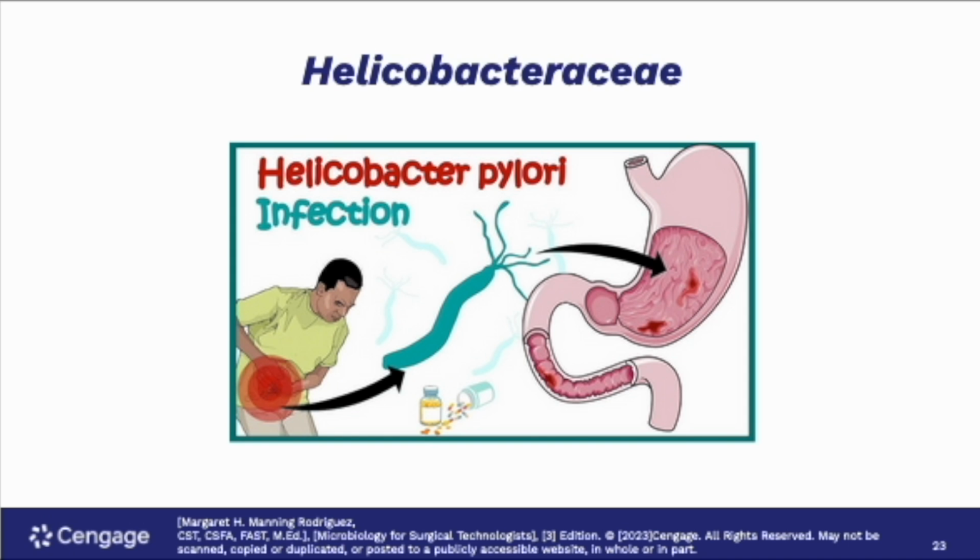The most notable species in this group is H. pylori, which is primarily responsible for causing chronic gastric and peptic ulcers. It can survive in stomach acid environments by colonizing the gastric mucosa, which is our stomach lining. And then over time, infection with H. pylori can lead to persistent inflammation and may even contribute to the development of stomach cancer.